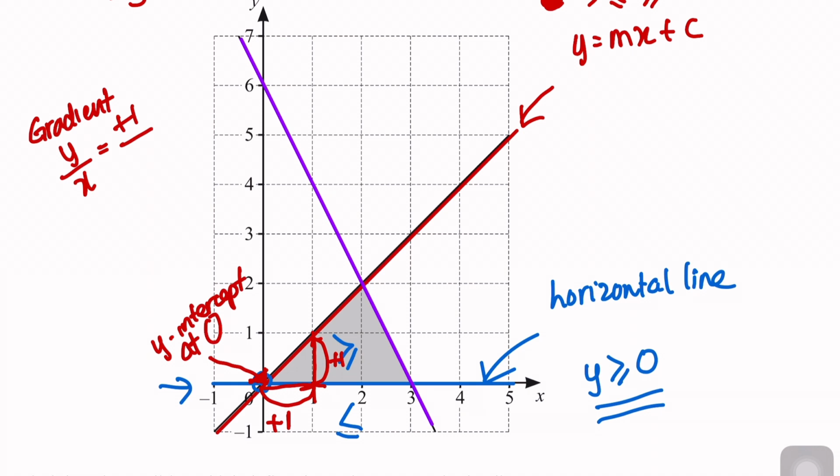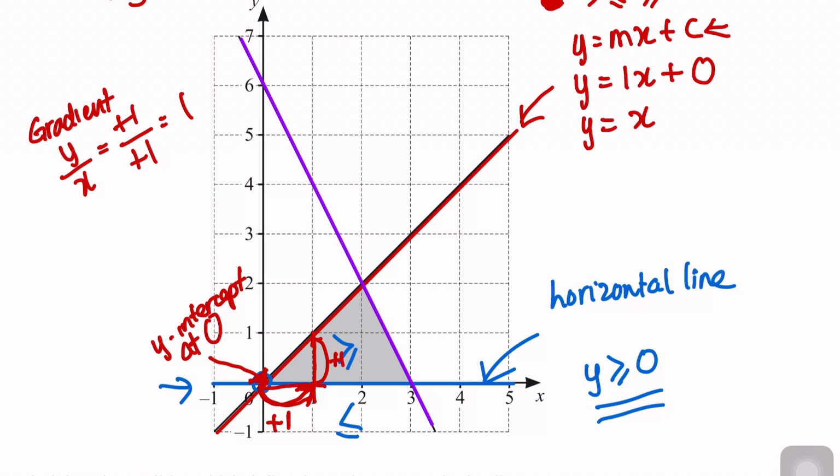For x, we are going to the right from the y-intercept, so it's a positive 1. So positive 1 divided by positive 1, you get 1. Therefore the equation is y equal to 1x plus c, where c is the y-intercept. The y-intercept touches at 0, so therefore the equation is y is equal to x.